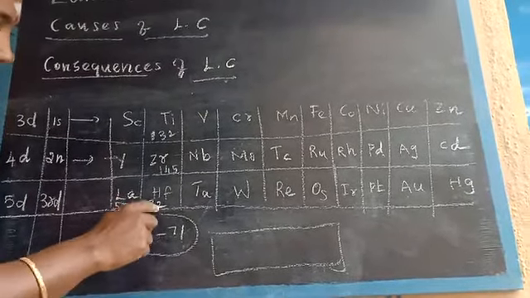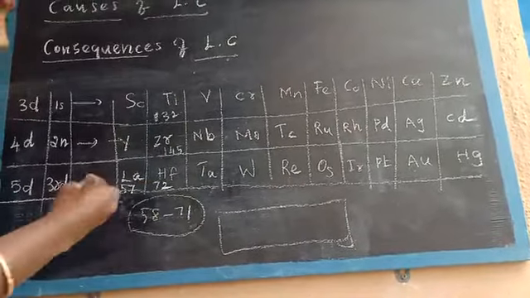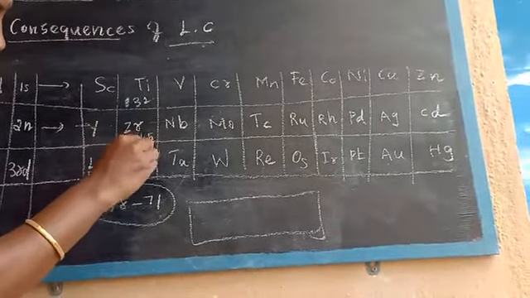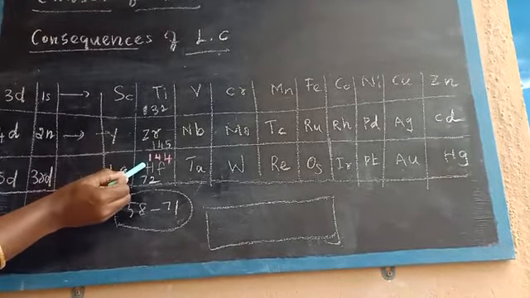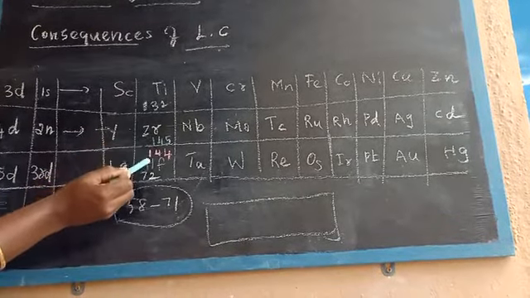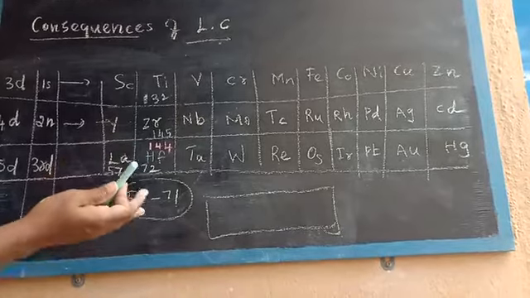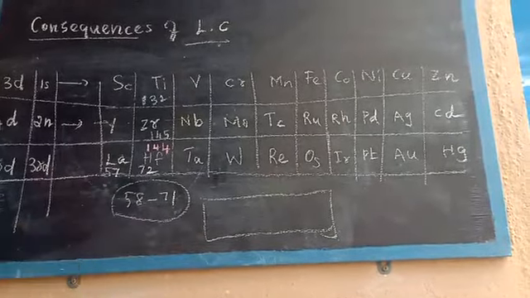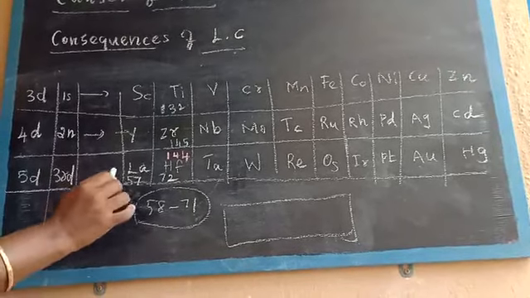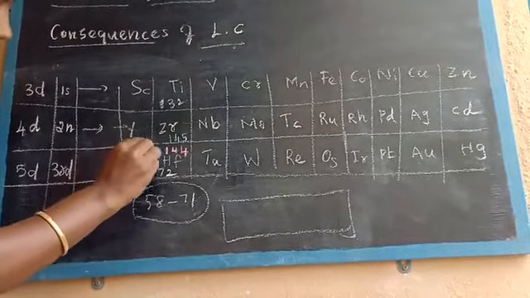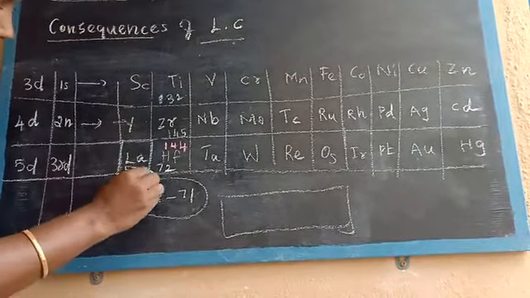But here, hafnium has atomic radius 144. Just see, after 145 you would expect 147 or 148, but here the size decreases. Why? Due to lanthanide contraction. Are you clear, children?